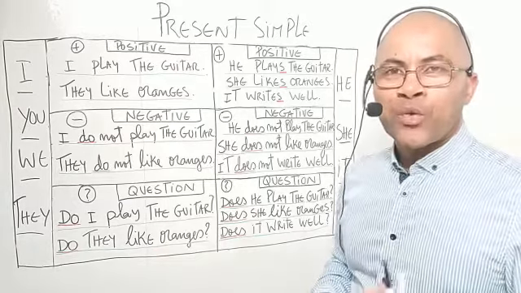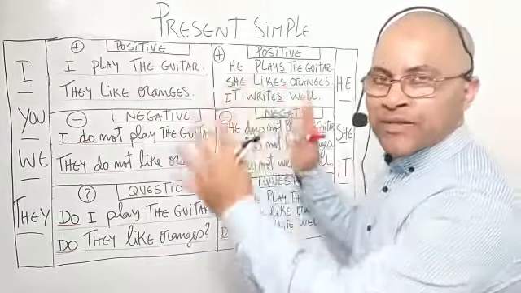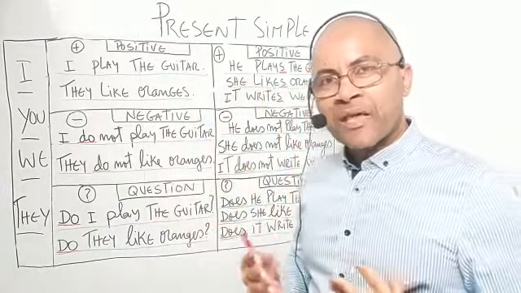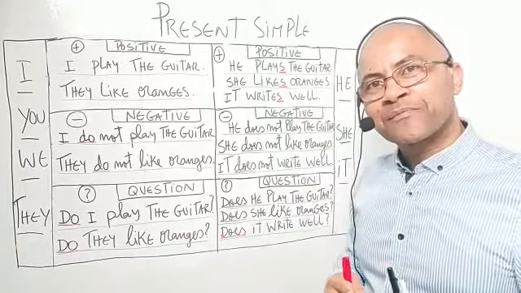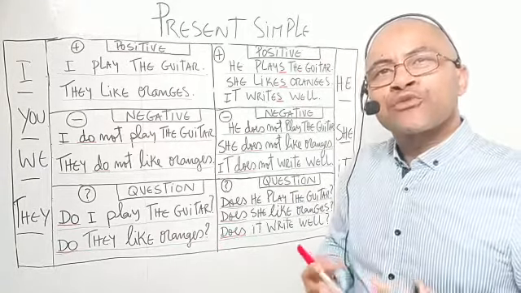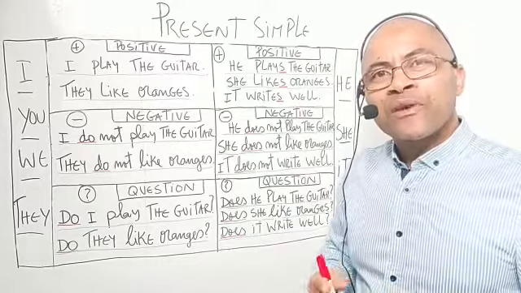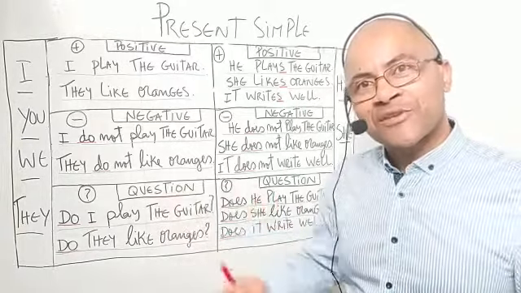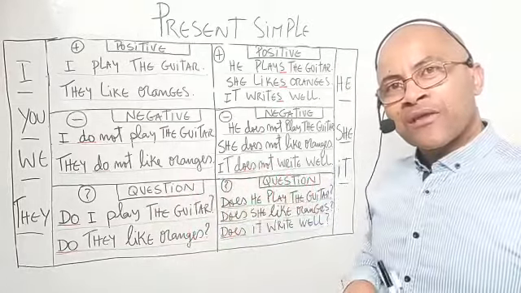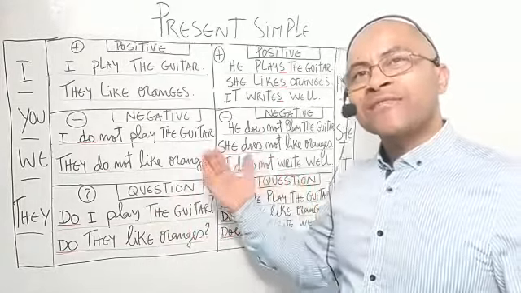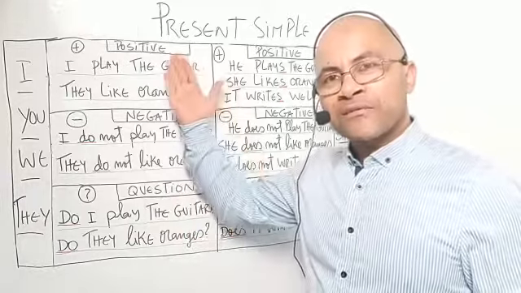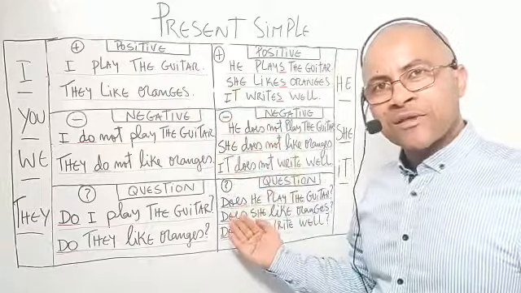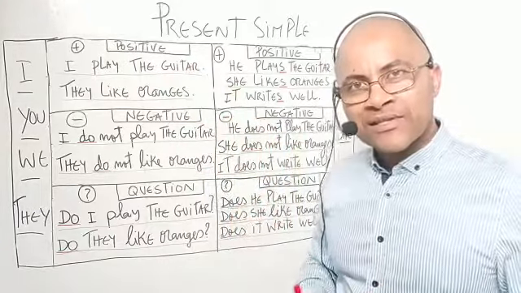Remember, we use the present simple for permanent things, habits, things that are true, permanent things, routines, etc., etc. Make sure that you can identify the positive, negative, and question of the present simple.